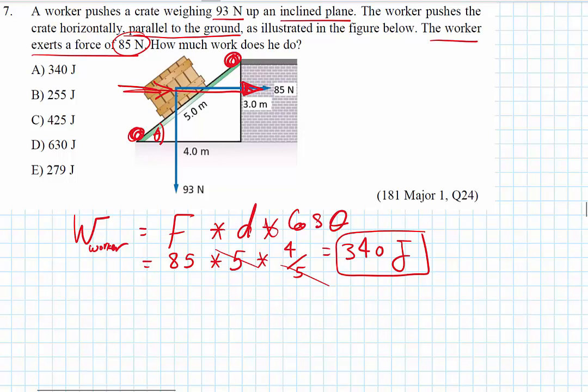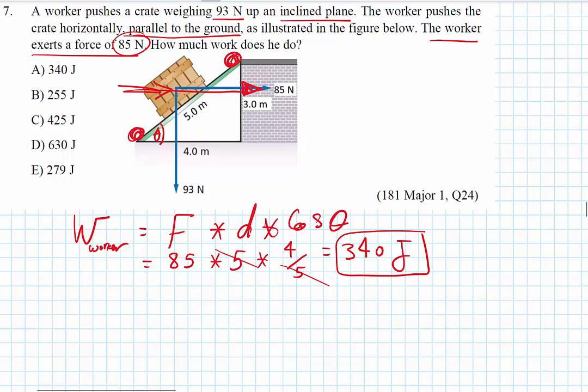There is another method. We can directly find the parallel distance to his force. If you look, we have here 3 distances. The real distance, which is the 5 meter, and there is its projection on the ground, which is the 4 meter, and there is the vertical distance, which is the 3 meter. So I'm looking for the parallel distance to the force.